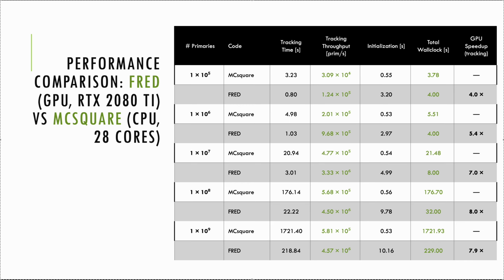I mean, Fred is 8 times faster than MCsquare. The wall clock is the total time, which includes initialization and then the maximum time for tracking, for simulating the particles. That is one of the benchmarks I have done so far.